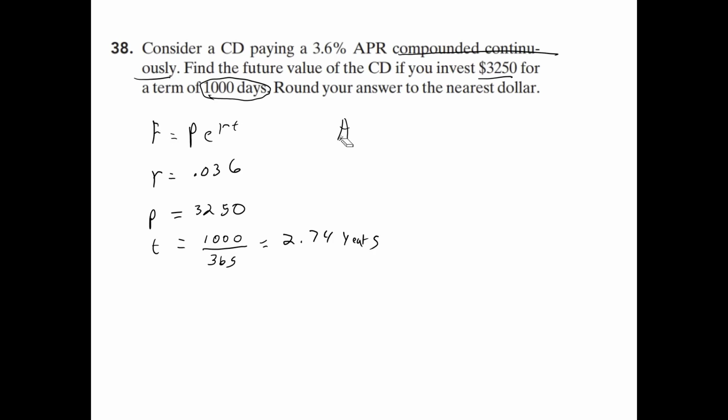The new amount, the future amount is the original amount, 3250, times e. e is a number named after Leonard Euler. It's 2.71 something. It goes on forever. And your exponent on e is your 0.036 times the 2.74.